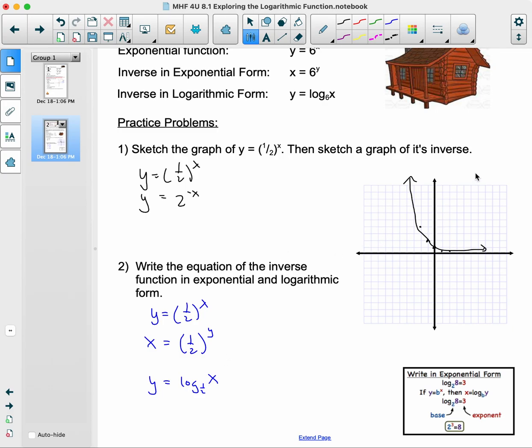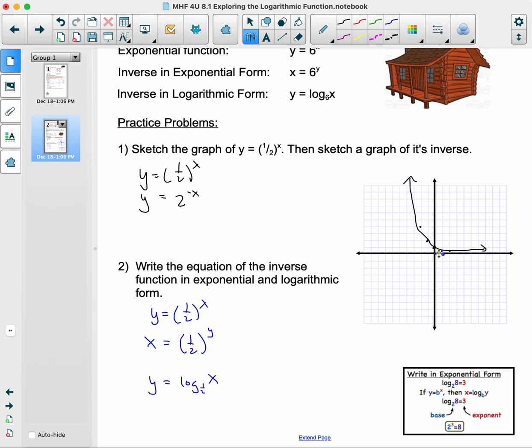And then to graph it, remember, if you're sketching the graph of an inverse, you're just flipping the coordinates of your points, right? So here we were at 0 and 1. Now we're going to be at 1 and 0. And then at -1, we were at 2.